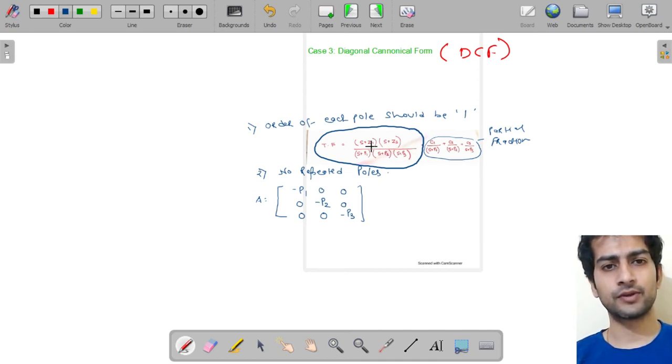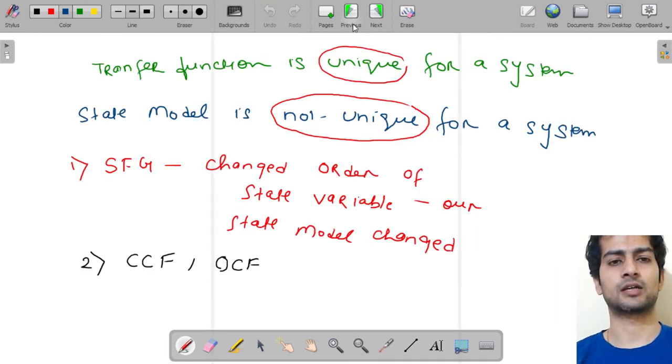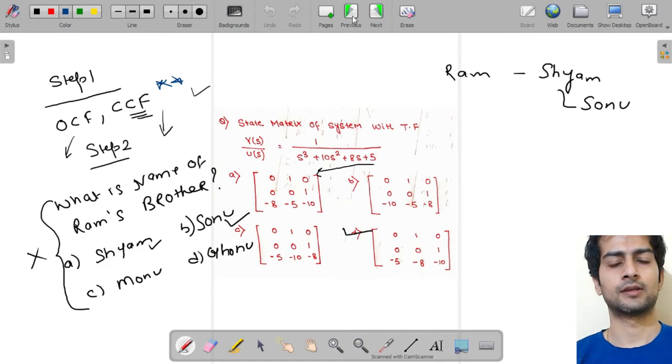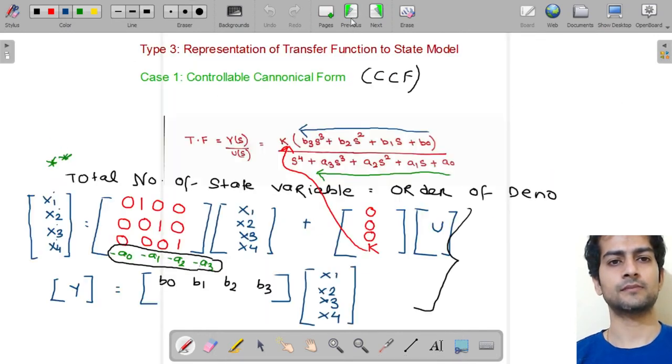But see, if we expand this denominator, we will get a transfer function similar to this. If we expand any transfer function, we will get it in this form, and from this form we cannot say whether it is in DCF or JCF, because we have to do some calculations.